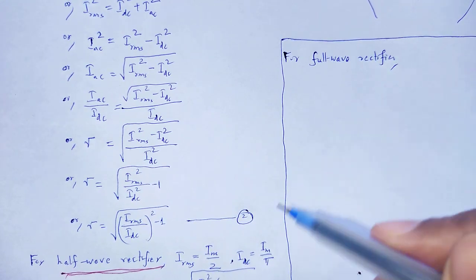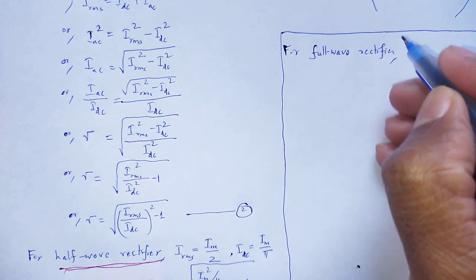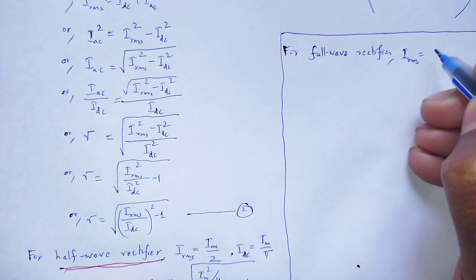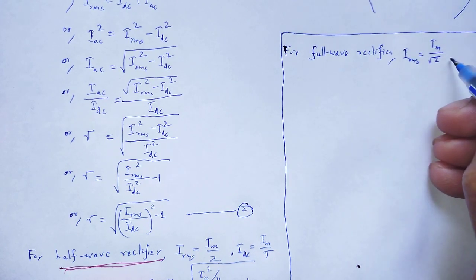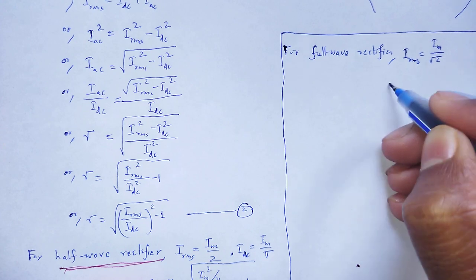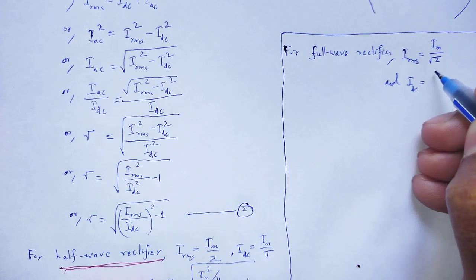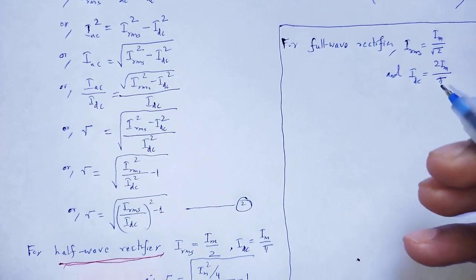Next, for a full wave rectifier, what will be the ripple factor? In case of a full wave rectifier, I RMS is equal to I M divided by root 2 and I DC is equal to 2 I M divided by pi.